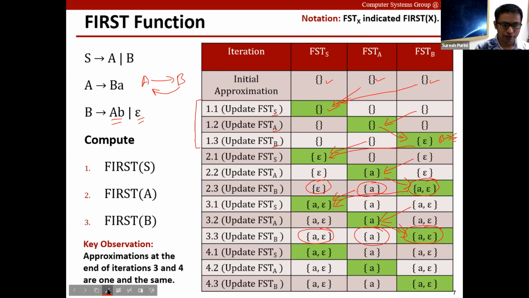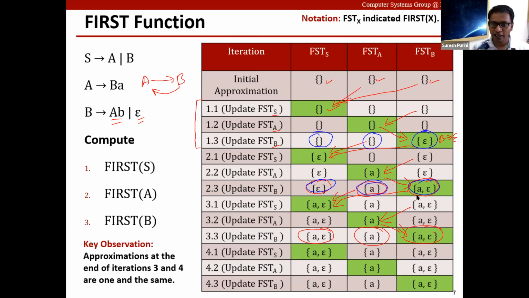Let me use a different color. At the end of the first iteration, these are the different estimates for the first sets. And when we moved from the first iteration to the second iteration, these are the estimates.